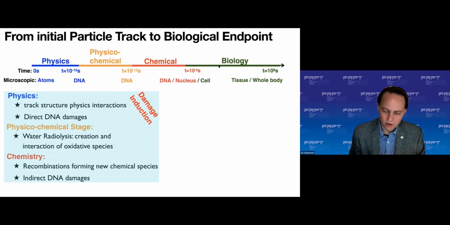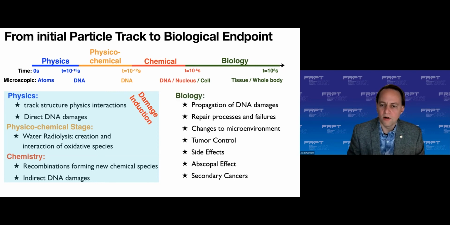And then we have biology taking over somewhere between nanoseconds to microseconds or milliseconds, where repair of the damage induced in the initial stages takes over, where repair processes and failures can come in, which can be impacted by the microenvironment and results in some observable biological effect in the end.